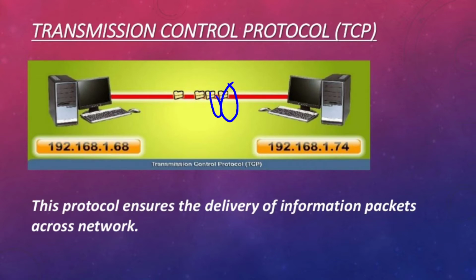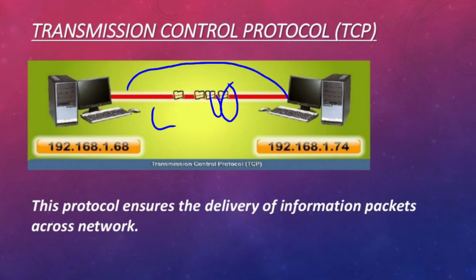Because when the user is requesting a website, the computer will not deliver the whole website in one single go. It breaks the website into small packets, and one by one the packets will come from the client computer to the server computer.